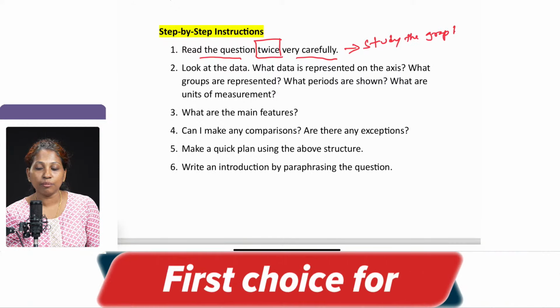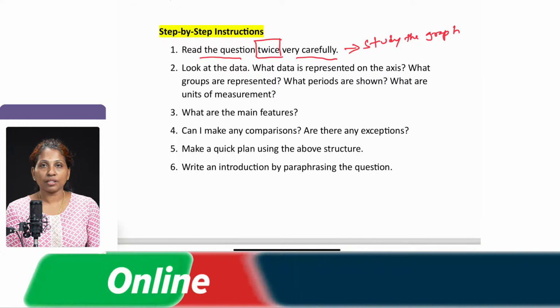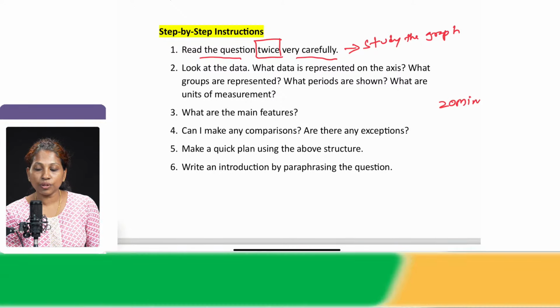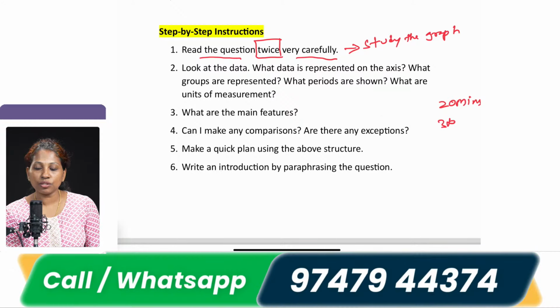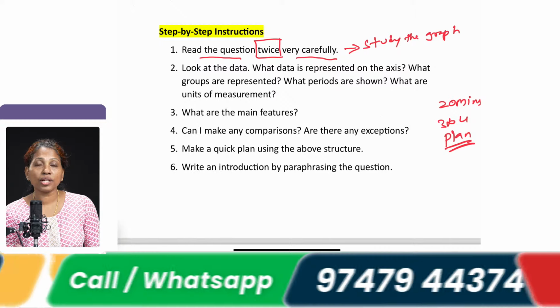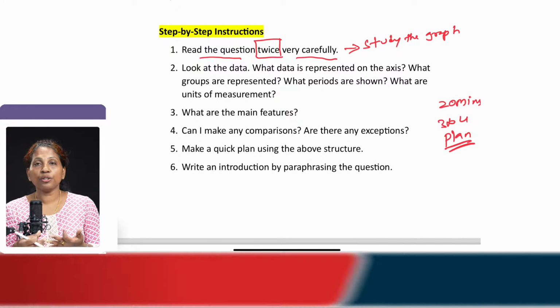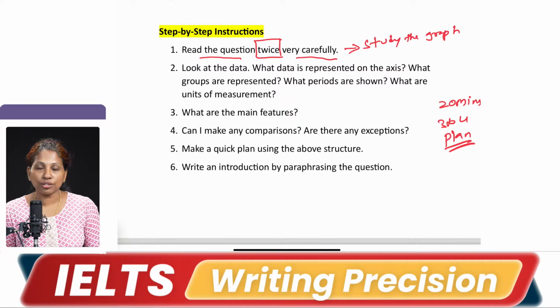You should know all the labels, titles, everything. You have 20 minutes. Out of that, allocate 3 to 4 minutes to plan your report. In that, include the study: read the question, study the diagram, analyze it, and plan what you are going to write in your para 1, para 2 and overview. Then go with the actual writing.